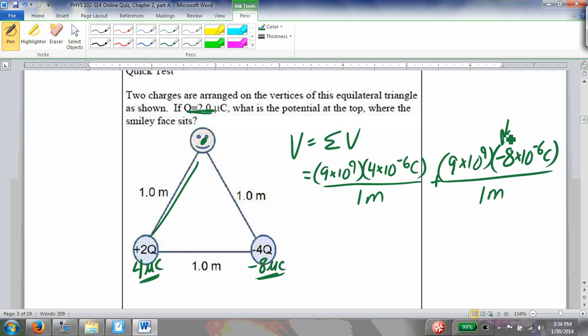Notice that I kept the sign here. Now, normally when we're dealing with electric fields and electric forces, we don't keep the signs in the charges because the signs are accounted for when we determine the direction of the vectors.